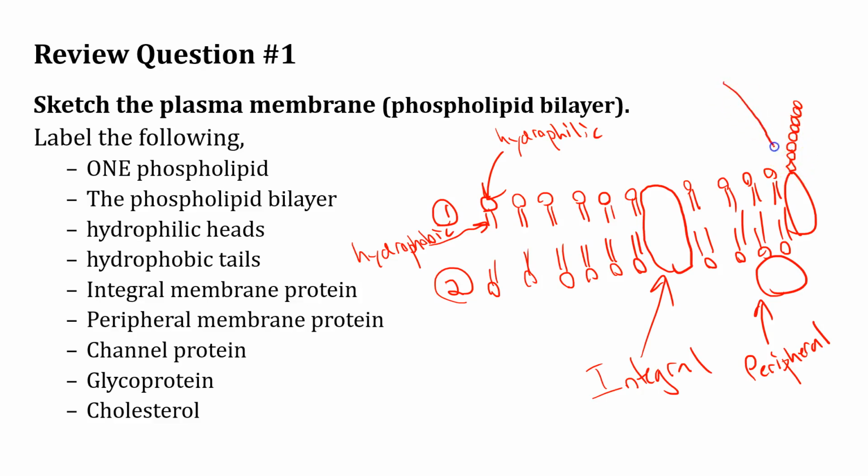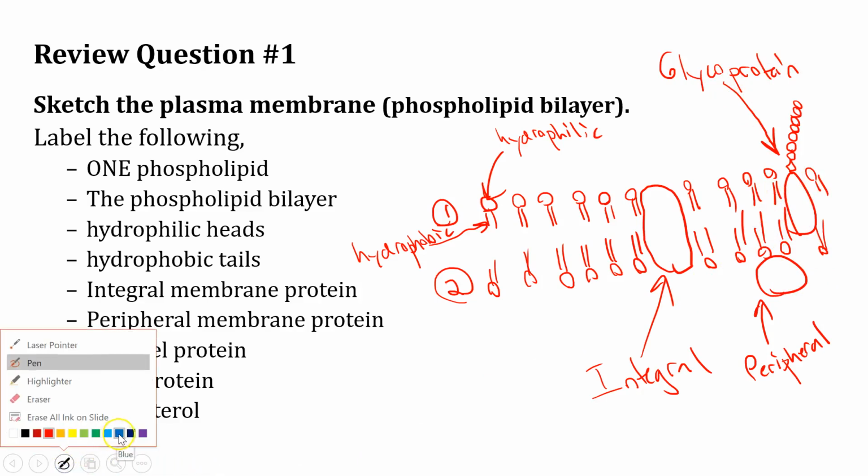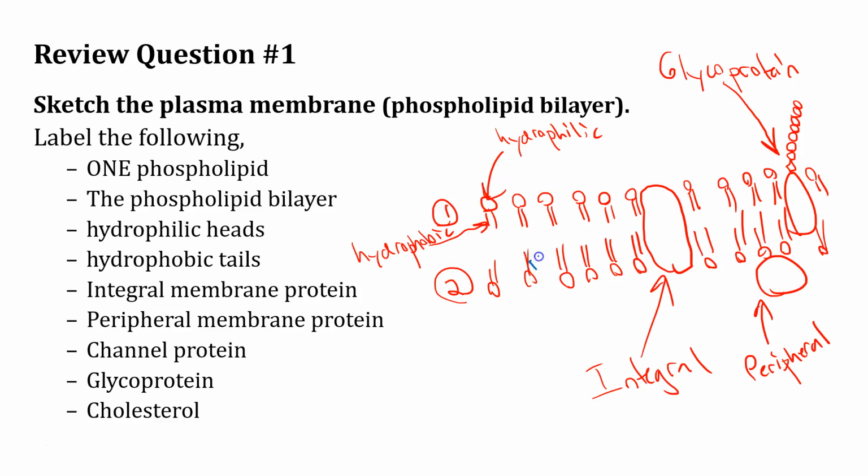If you have sugar molecules on a protein, we call it a glycoprotein. And then lastly, we have cholesterol. Cholesterol is four fused rings attached to one another, and that would be inside the hydrophobic part of the membrane.